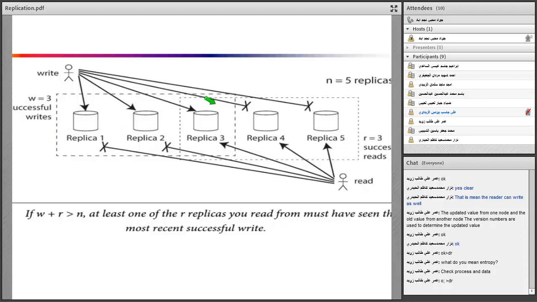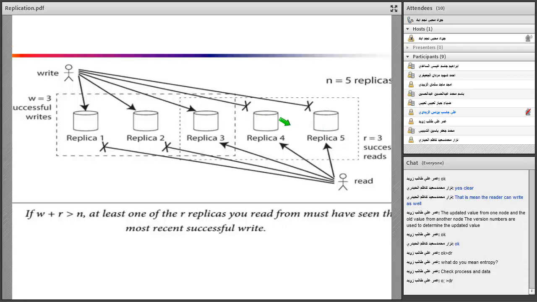The writer sent the request to all replicas, and you can see 3 of 5 replicas receive the request and confirm it, but the 2 other replicas, replica 4 and 5, don't receive the request from the writer.